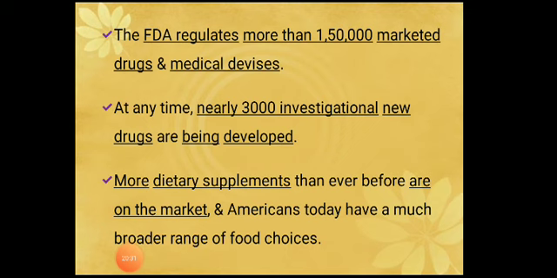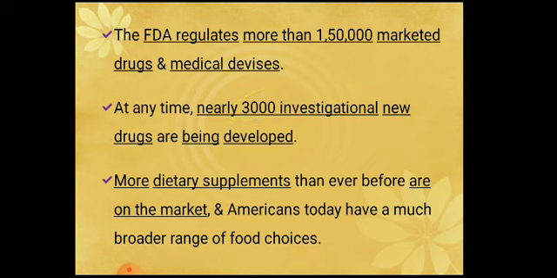The FDA regulates more than 1,50,000 marketed drugs as well as medical devices. See, a huge number is there, that much number of marketed drugs as well as medical devices, which need to be controlled or regulated by the FDA. In that, around 3,000 investigational new drugs are being developed.